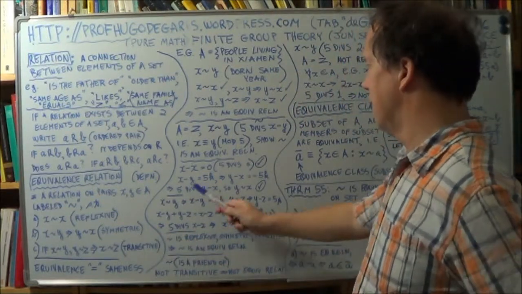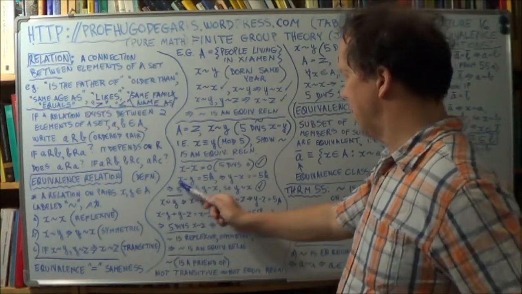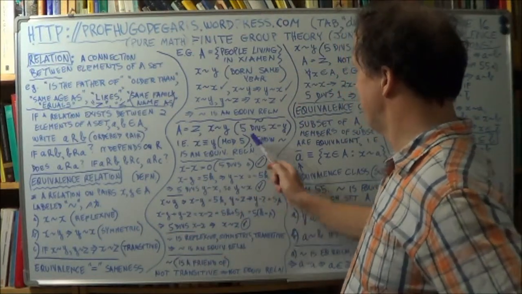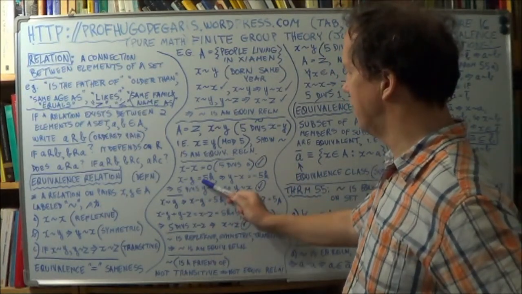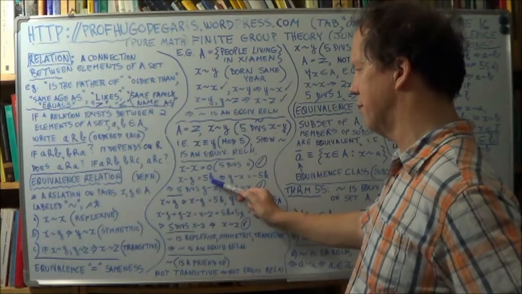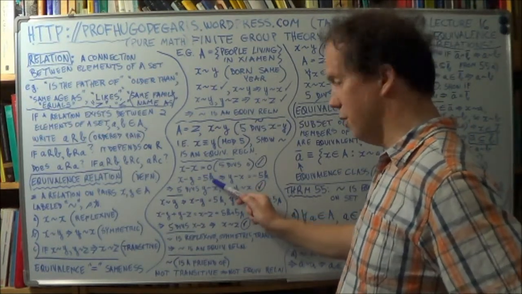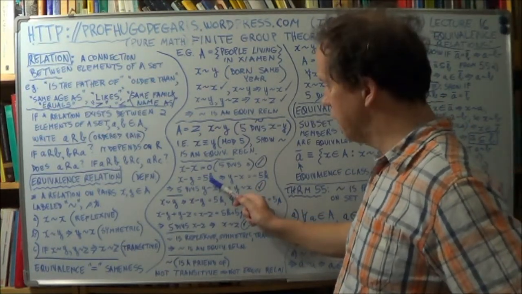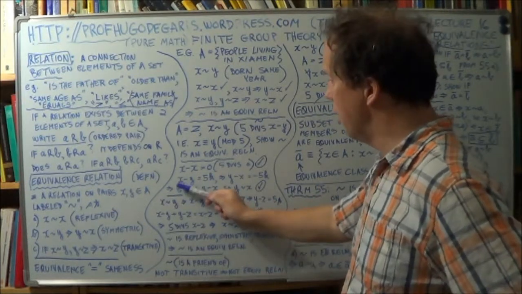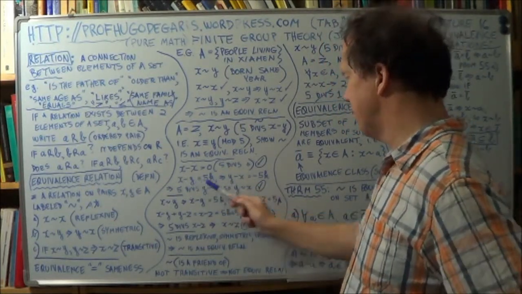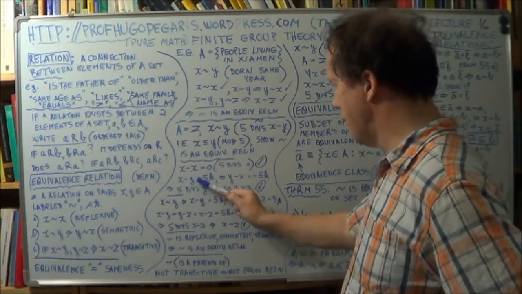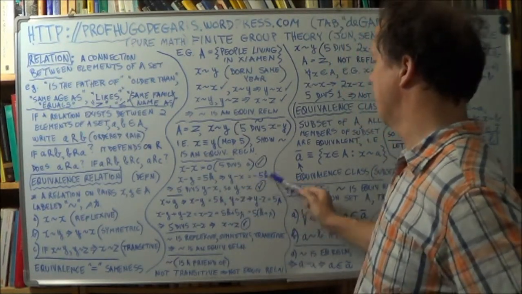Is it symmetric? Well, if 5 divides x minus y, you can write x minus y as 5 times some integer k. So x minus y is 5k. Now that implies that y minus x is minus 5k, right?